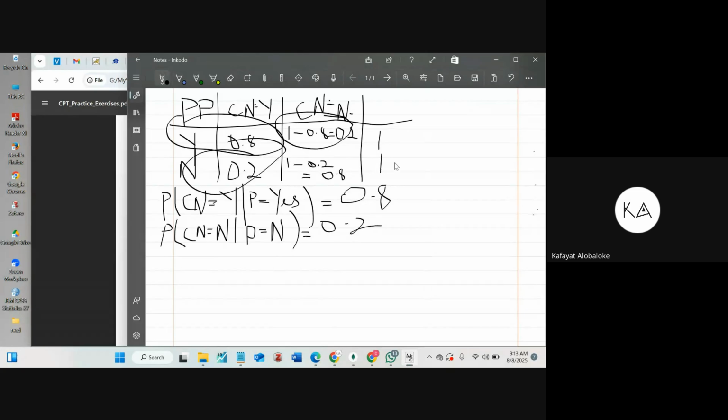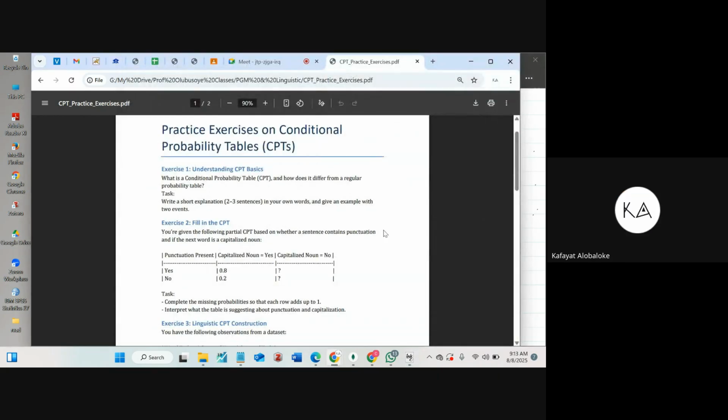Okay, so the probability that when punctuation is present, then the capitalized... Can I continue? Yes, continue. Okay, the probability that punctuation is present, while the capitalized noun is not present, is 0.2.